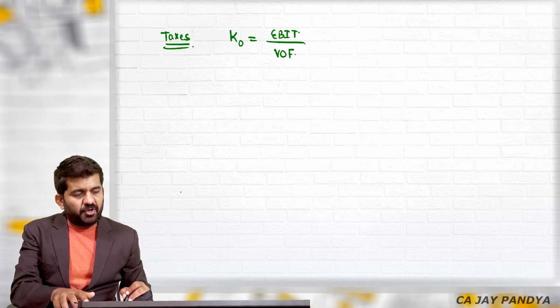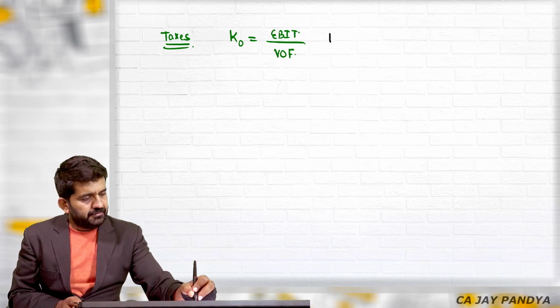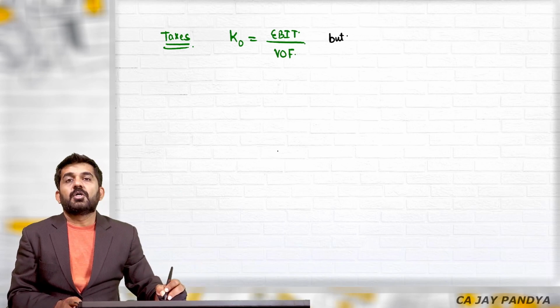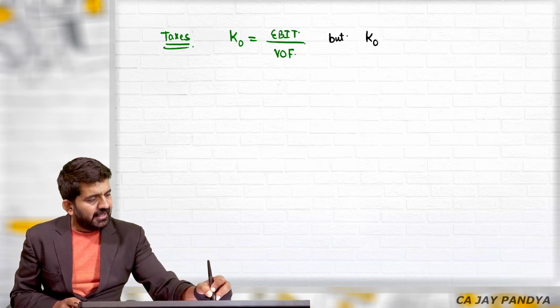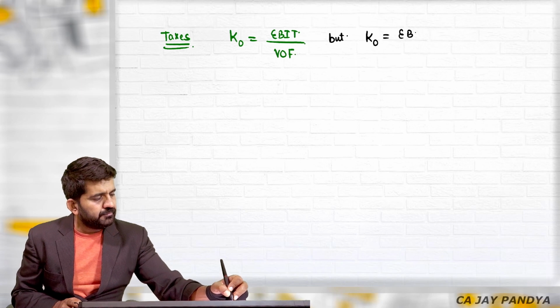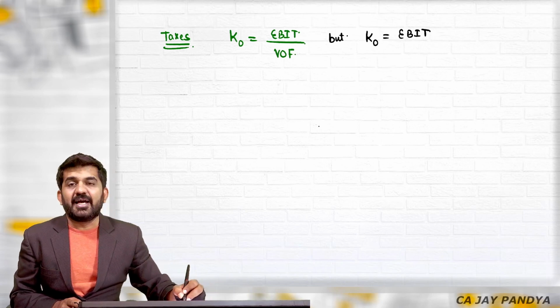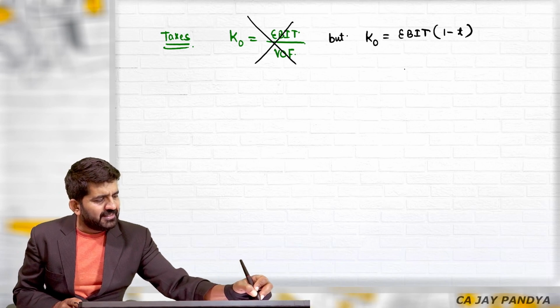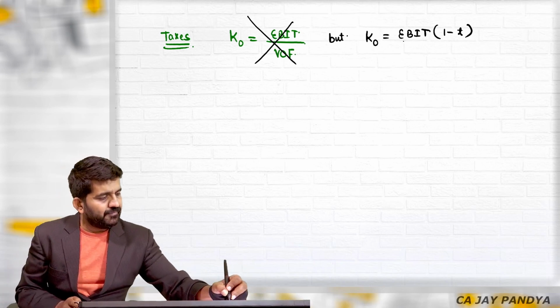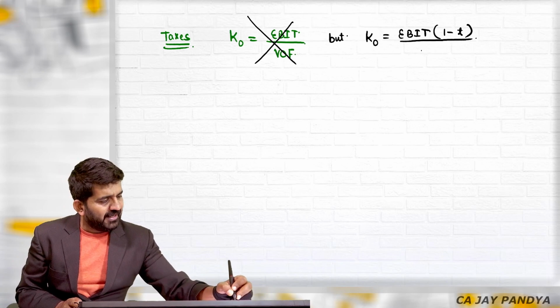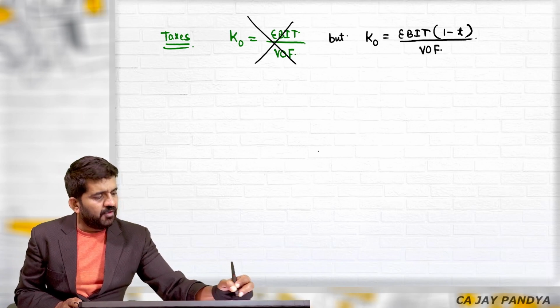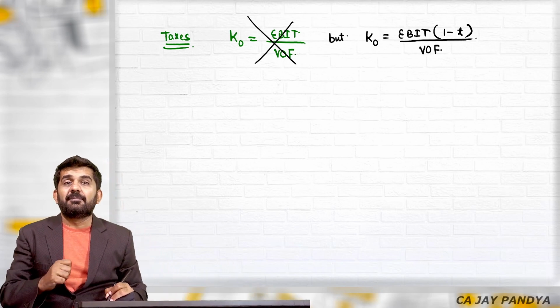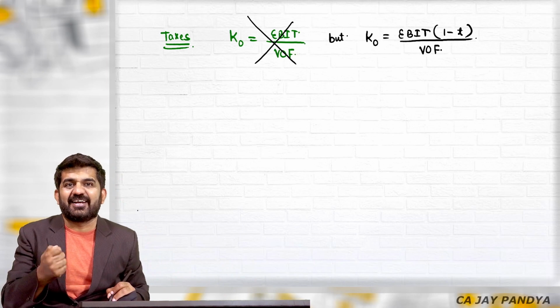But we can modify it. Try to concentrate. We can do this: KO is equal to EBIT into 1 minus t, where we are reducing the tax, divided by value of firm. We will get the correct answer every time.